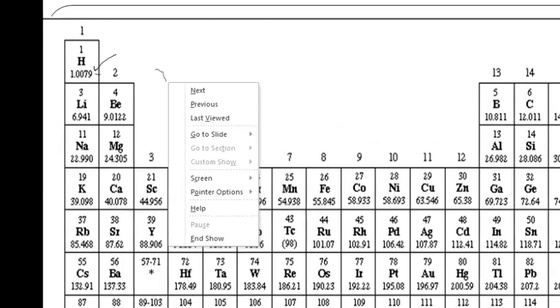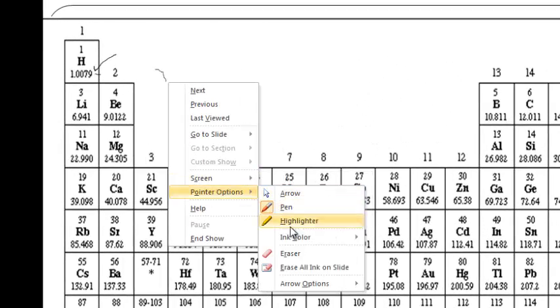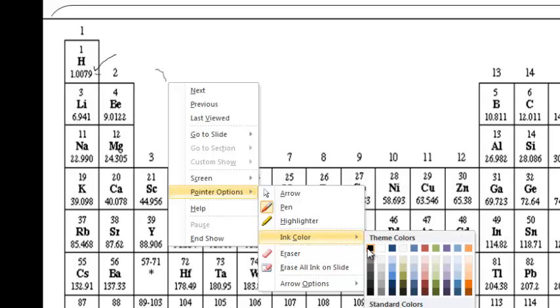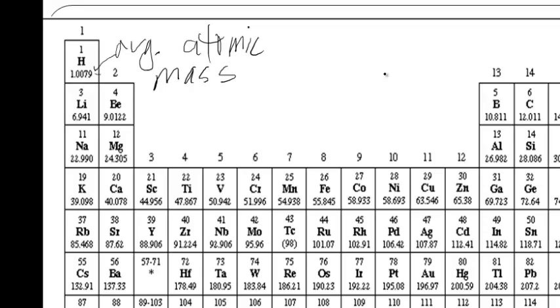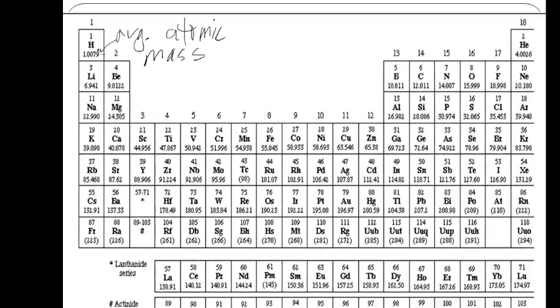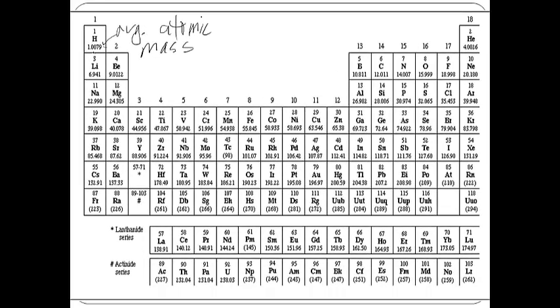That still is true. However, when you have a mole of any of these substances on the periodic table, not only is this the average atomic mass, but this is also the molar mass.